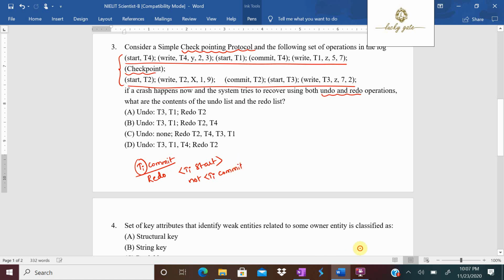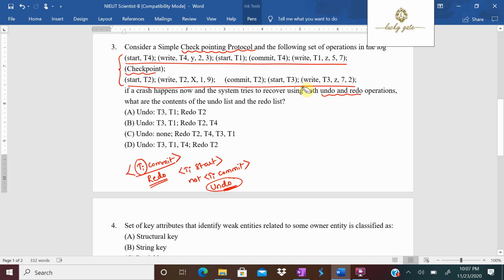The transaction is started but not committed, and because all updates are temporary, it requires undo operations. Keep in mind simply: if a transaction has a commit, it is added into the redo list. If the transaction has a start but no commit, it is added into the undo list. This is to be done only up to the checkpointing, and also for a transaction that was started but not committed before the checkpointing. You look for this.